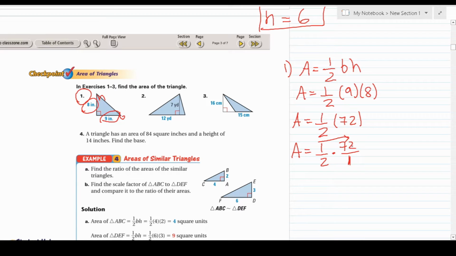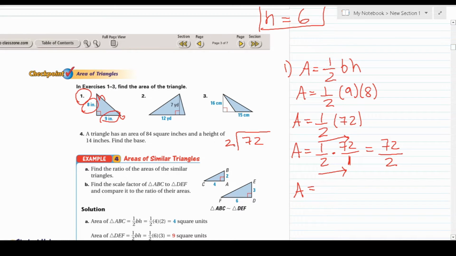And then you multiply straight across. So this becomes 72 over 2. Again, that's 1 times 72, which is 72, and 2 times 1, which is just 2. Now you have to understand that you can treat all fractions as long division. Notably, you can regard this as 72 divided by 2.